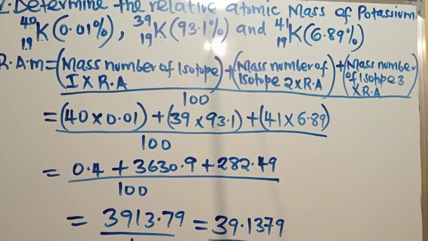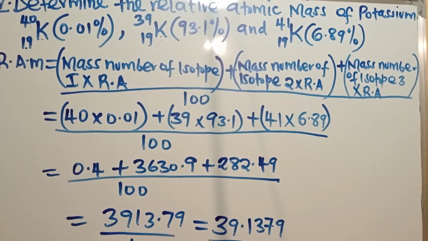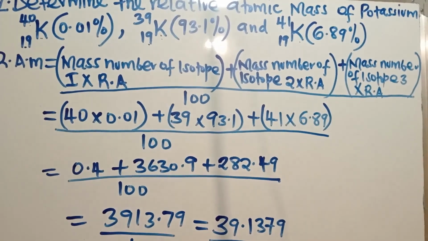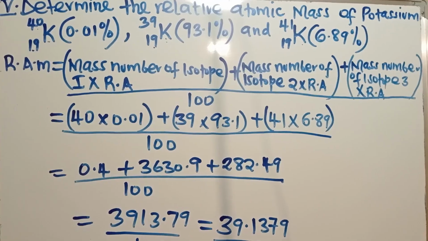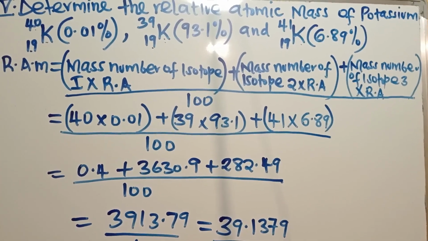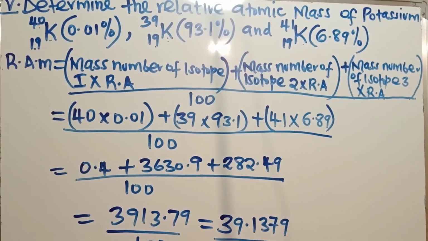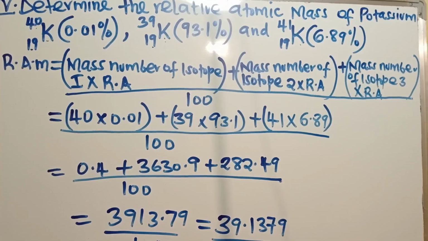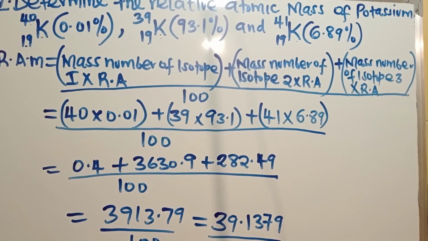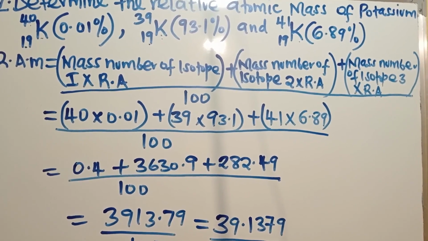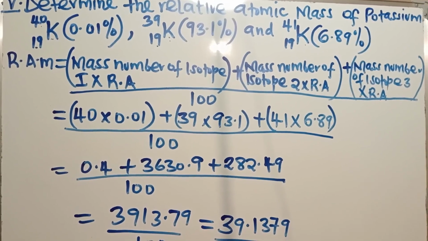So even when the relative abundances are not provided in the question, by just having the relative atomic mass and the mass numbers, you can tell which one is the most abundant. Check the relative atomic mass and the mass numbers provided. The one that is closer to the relative atomic mass, that is the isotope that is the most abundant.